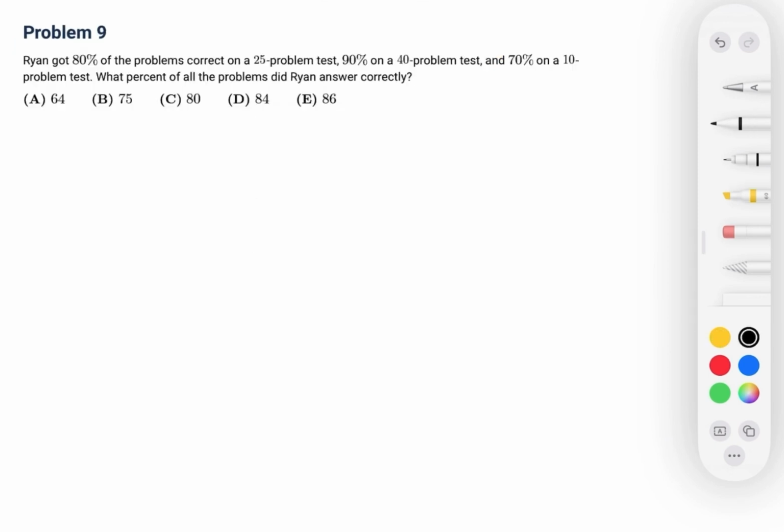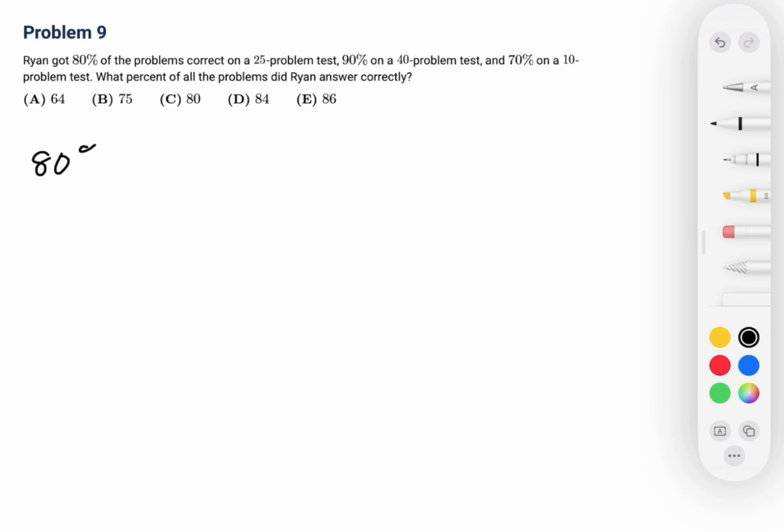Okay, problem 9. Ryan got 80% of the problems correct on a 25-problem test, 90% on a 40-problem test, and 70% on a 10-problem test. What percent of all problems did Ryan answer correctly? First of all, we can find how many problems he got correct on all 3 tests.